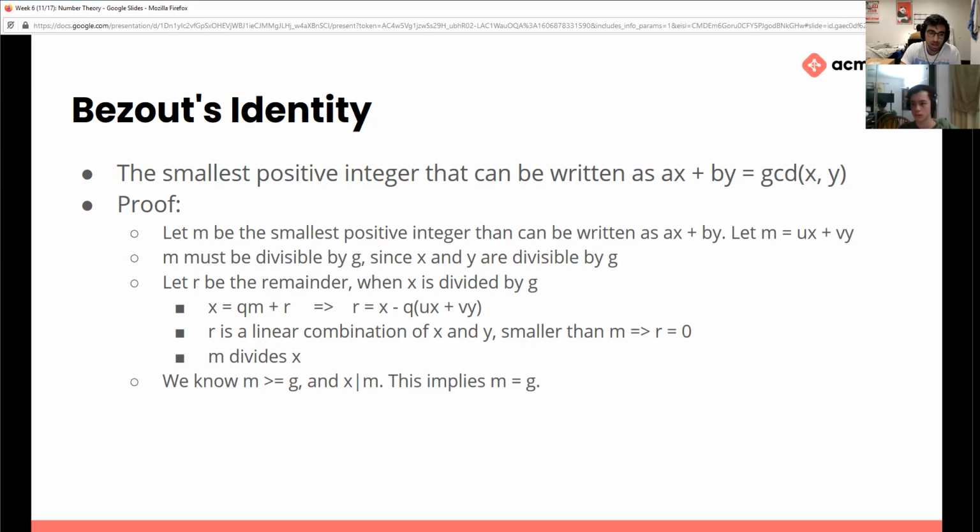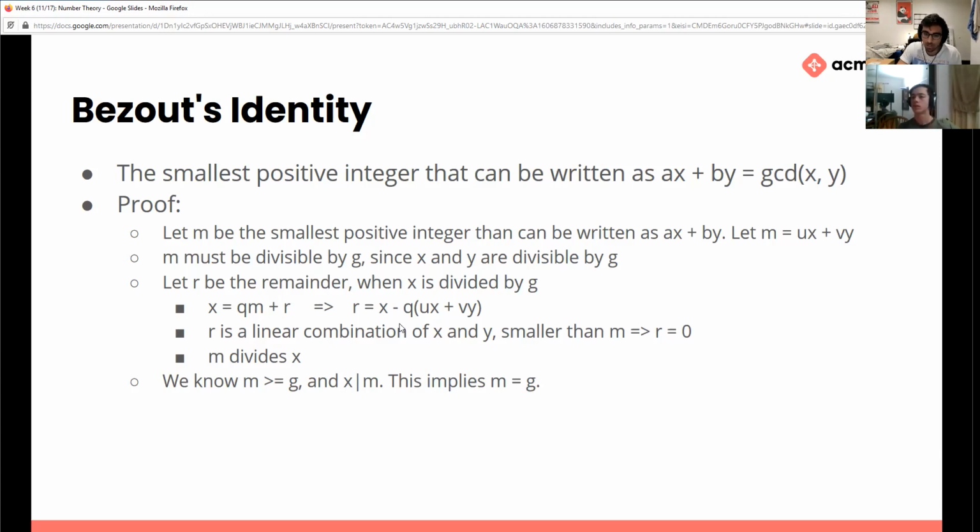Now we also know that when we divide x by m, the remainder that we get has to be a linear combination of x and y, right? Because x equals qm plus r, where q is an integer, so x minus qm is just a linear combination of x and y.